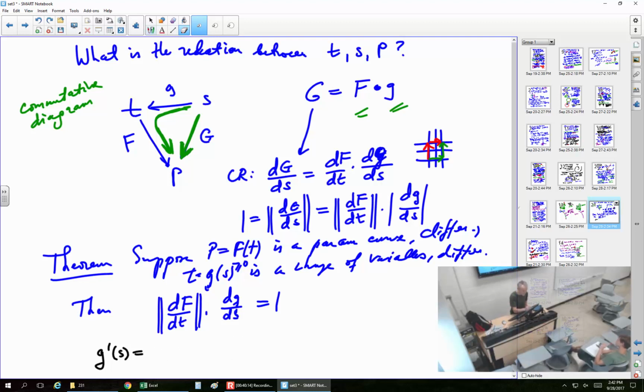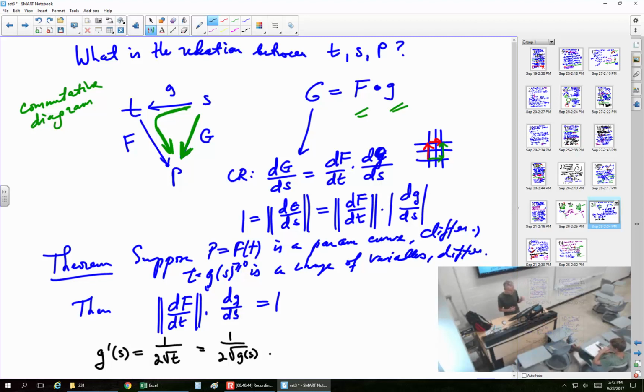D prime of S is 2 square root of C, and so 1 over 2 square root of T, or 1 over 2 square root of G of X. Okay, well, so maybe I'll sort it out a little bit better next time.